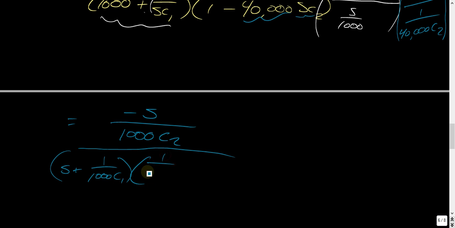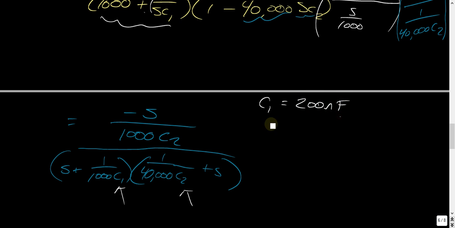This is 1 over 40,000 C2 and plus S. So this is where we need to resort back and plug in for our C's. And C1 was equal to, I think, 200 nanofarads, which is farads as a unit of capacitance. And C2 was 25 farads, I believe.